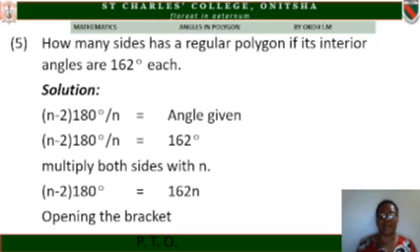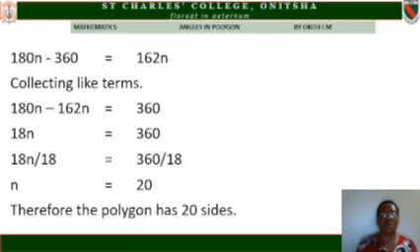Opening the brackets, we are multiplying n minus 2 by 180. So we have 180n minus 360 is equal to 162n.